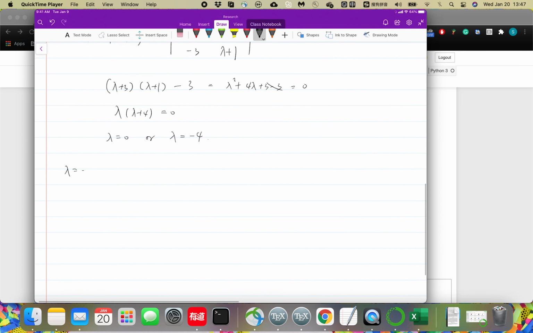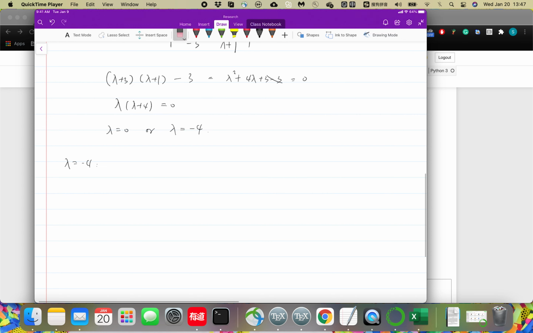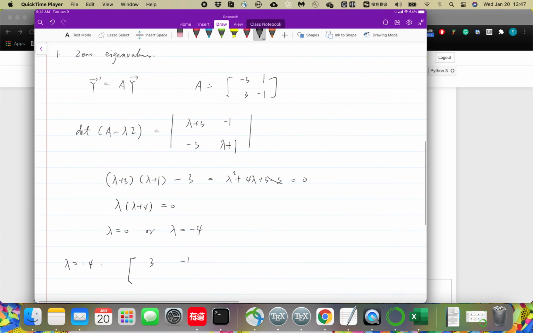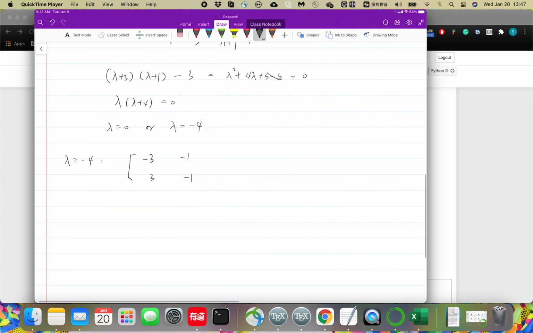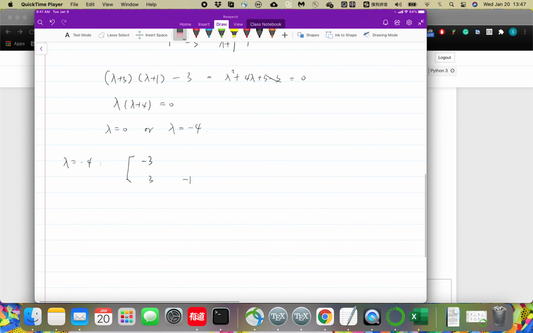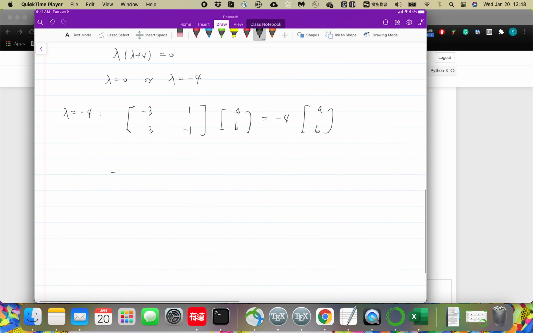Okay. For lambda equals -4, you can do the computation. The final answer is going to be, let me finish it. Okay, let's not skip steps. -3, 1. a, b as your eigenvector with -4. So what we have is -3a plus b.